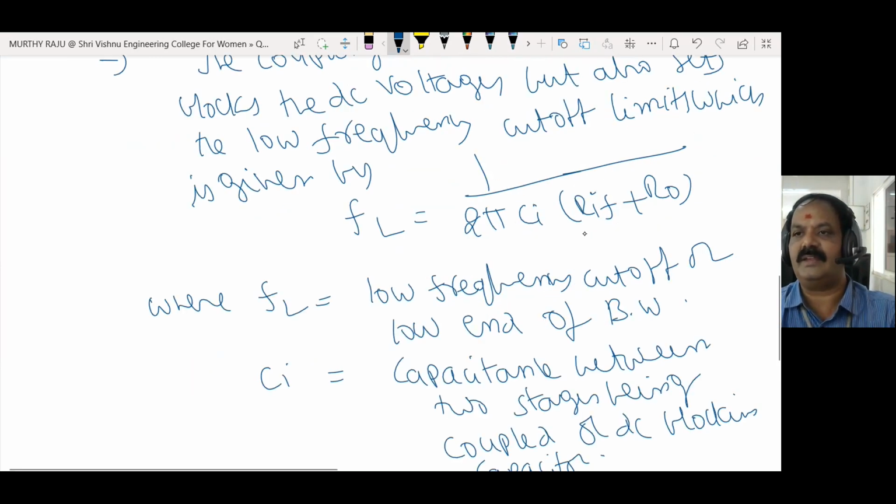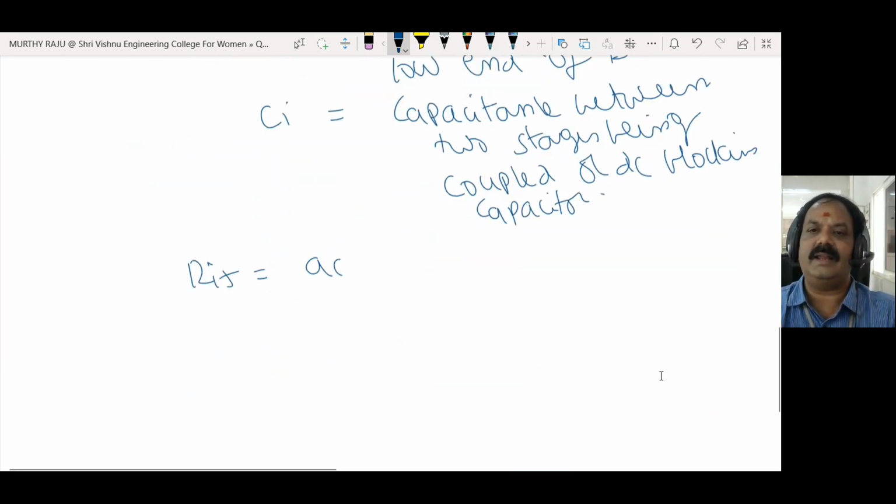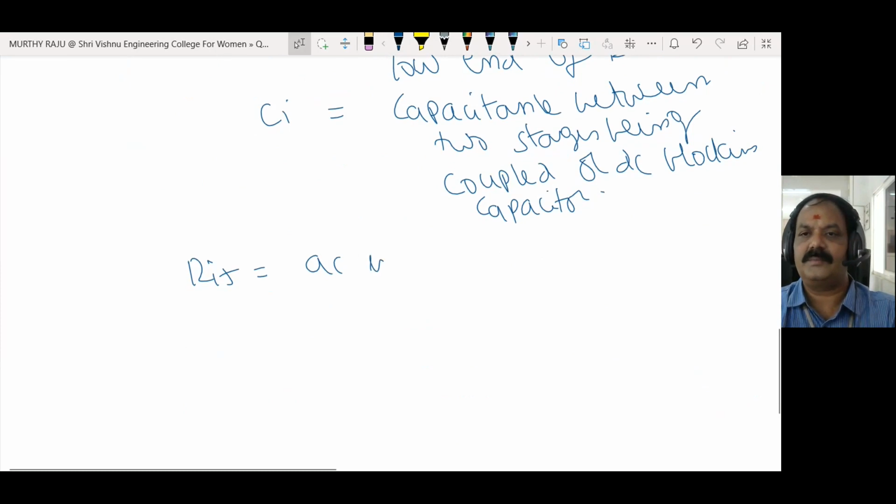In that expression, RIF is there, R0 is there. RIF is the AC input resistance of the second stage.